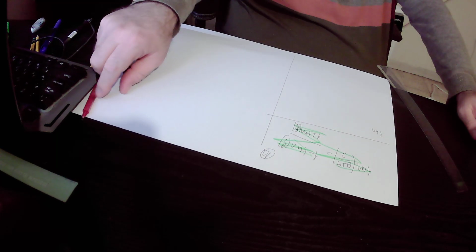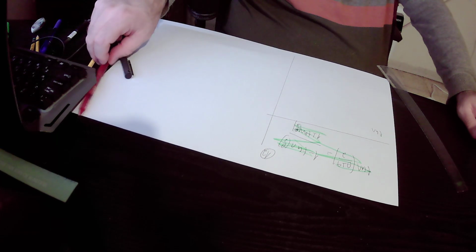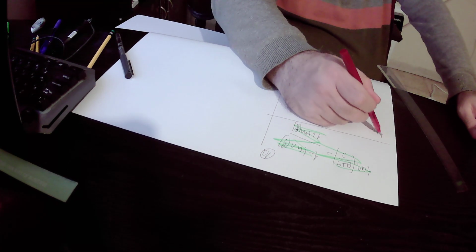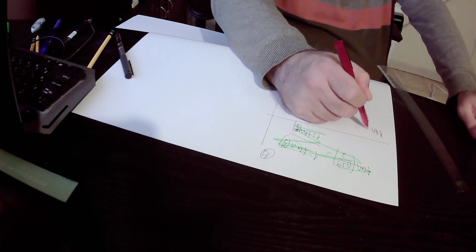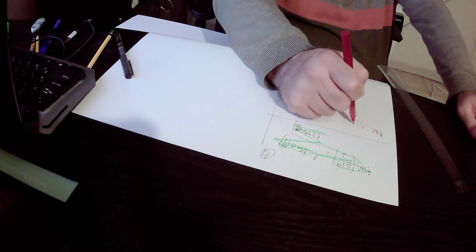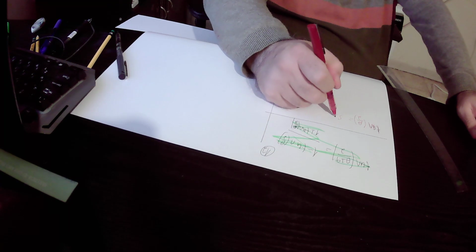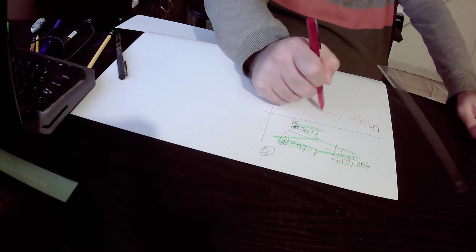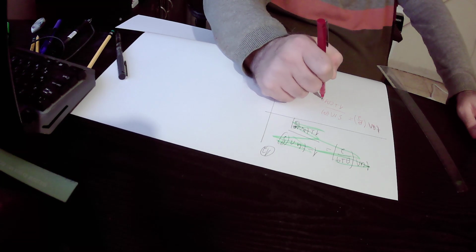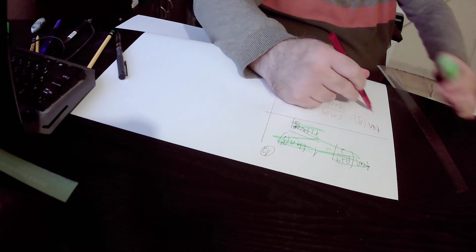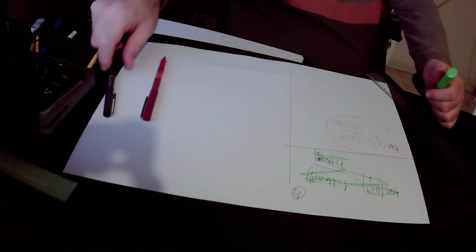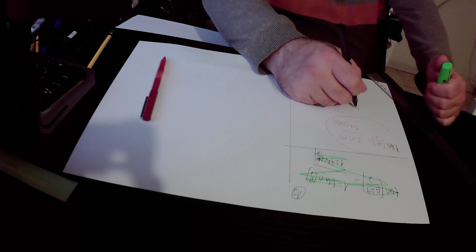The value of tangent theta over 2 is equal to sine theta over 1 plus cosine theta. And we have already found out that sine theta is equal to 1 over 3.